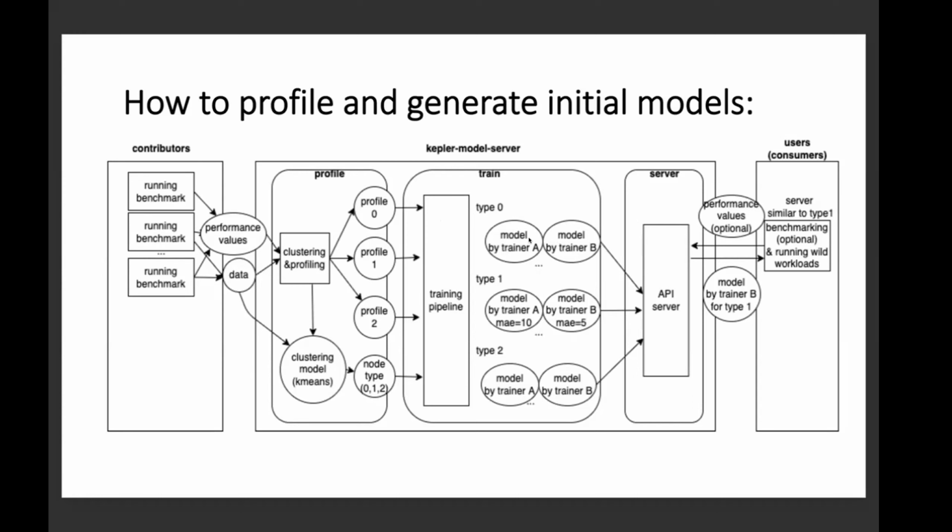For example, some may use scikit-learn XGBoost, or some may use Keras, as with online training later, so the errors may change. At the API server, it will choose the best one for each type, returning it to the consumers to apply the model. I guess it's a little bit confusing, but any questions here?